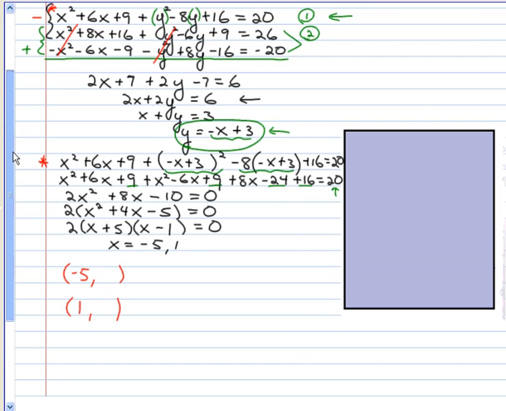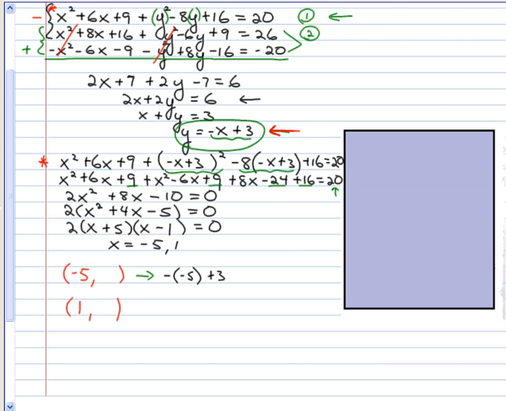In order to figure out the y that goes with it, I'm right back to the equation we used a minute ago to substitute. That will tell me what y is. I'll just substitute my x value into it. So y equals the negative of my x value, which is negative 5, plus 3 more.